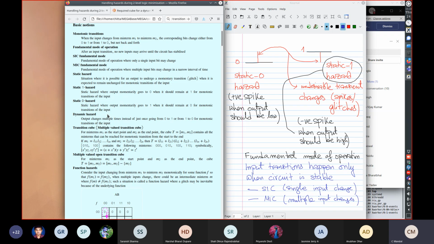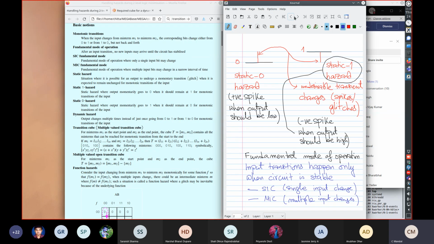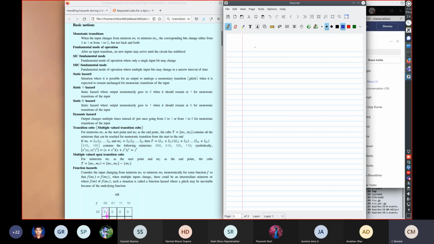Now you can also have dynamic hazards. Dynamic hazards are situations where multiple changes may happen.